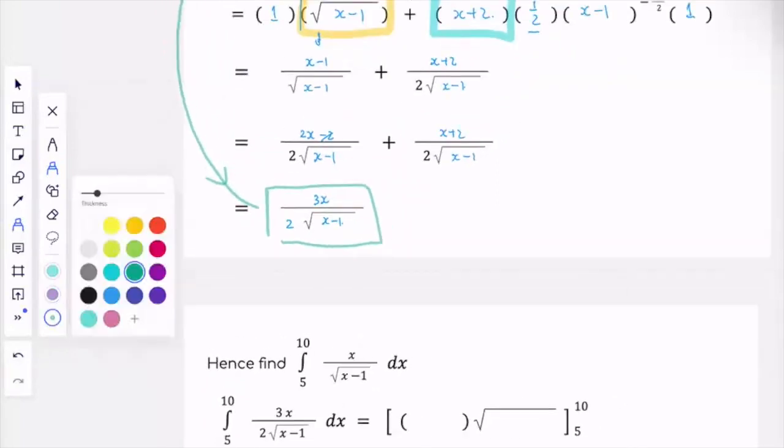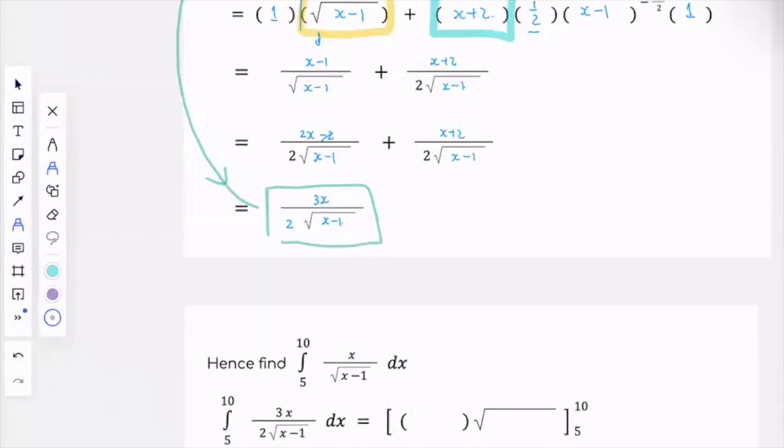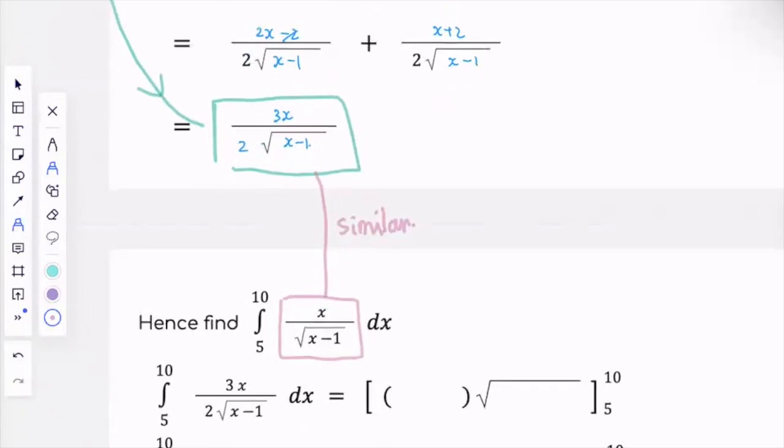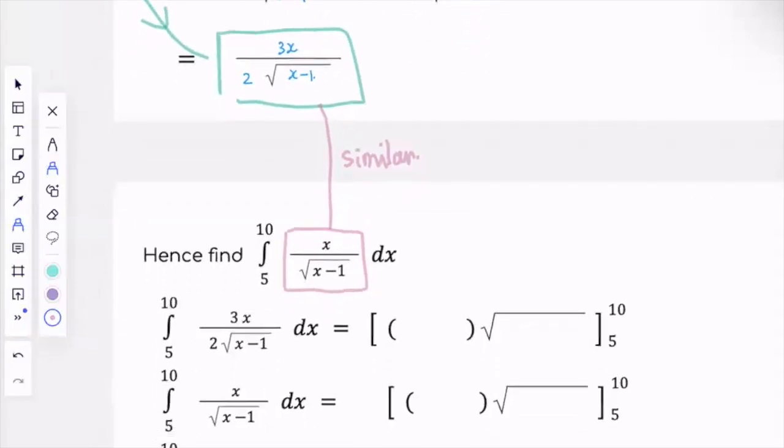They ask you to integrate x over root x minus 1. And these are similar, with a little bit of difference. There's no 3 over 2 there. So, second question, they ask you, hence find the integral from 5 to 10 of x over root x minus 1.